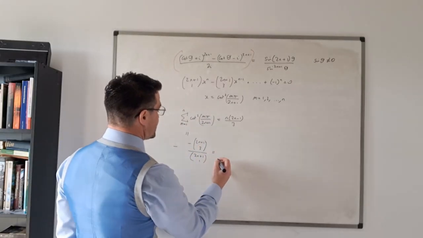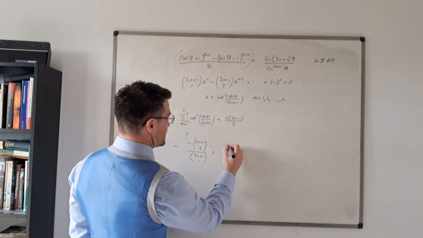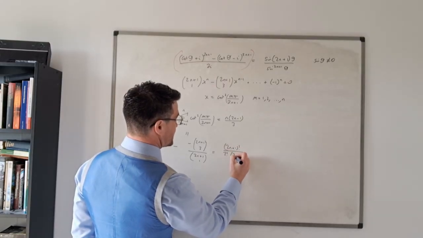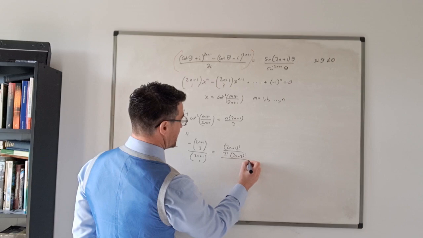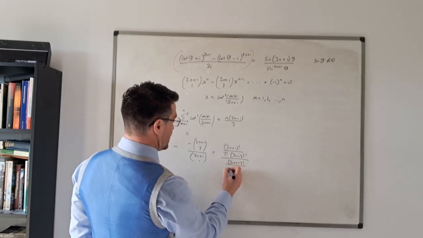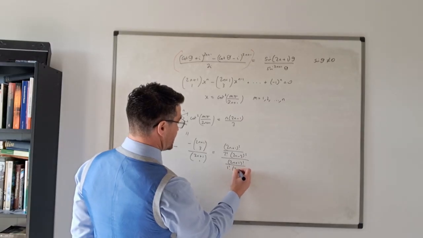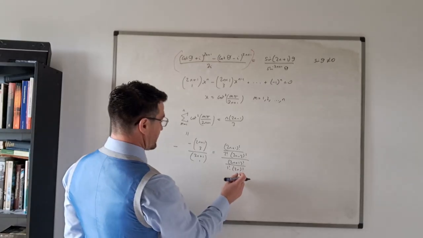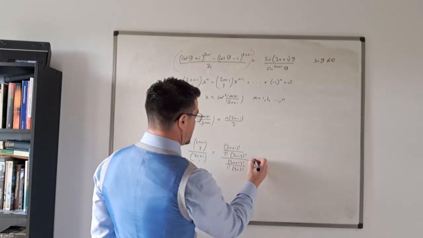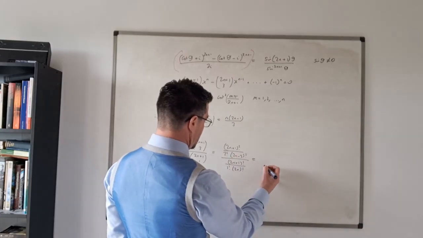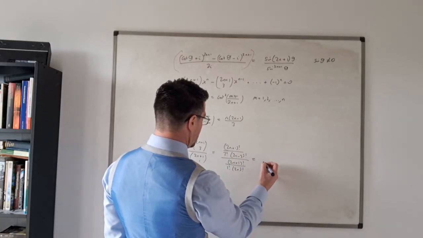So it turns out that this is equal to 2n plus 1 factorial over 3 factorial times 2n minus 2 factorial over 2n plus 1 factorial over 1 factorial times 2n factorial, which is equal to, let me have a think.